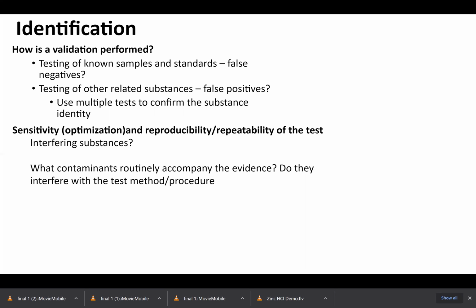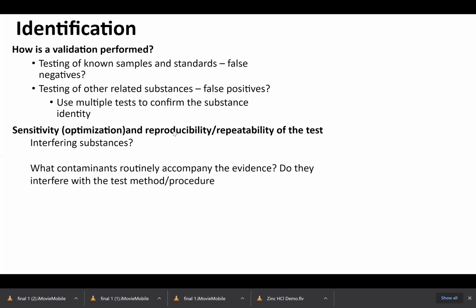For example, if I have a specific drug that I want to test, I'll test that drug over and over again just to make sure that every time I test it, my test says yes, it is that particular drug. And then I'll get other drugs or other chemicals that are similar and test those just to make sure that my test doesn't say, "Oh yeah, that thing that I know is not actually the drug." The test might say it's the drug, which would make it a false positive.